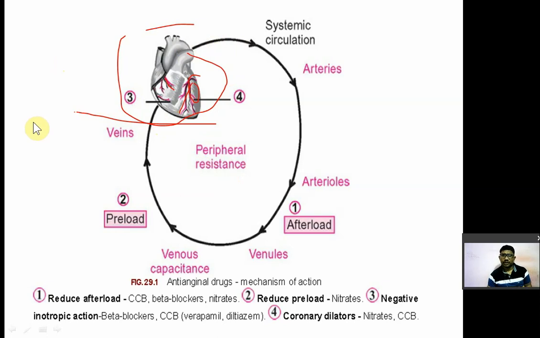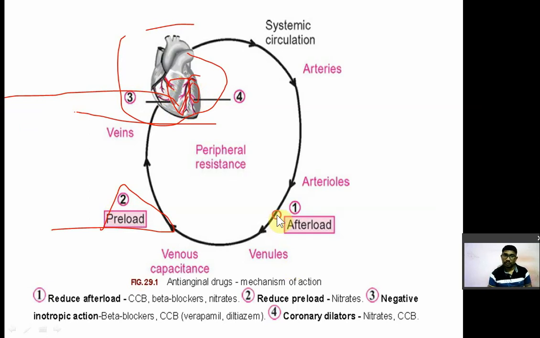There are two terms, preload and afterload. What do you mean by preload? Whatever amount of blood is present in the ventricle during ventricular contraction is known as the preload.